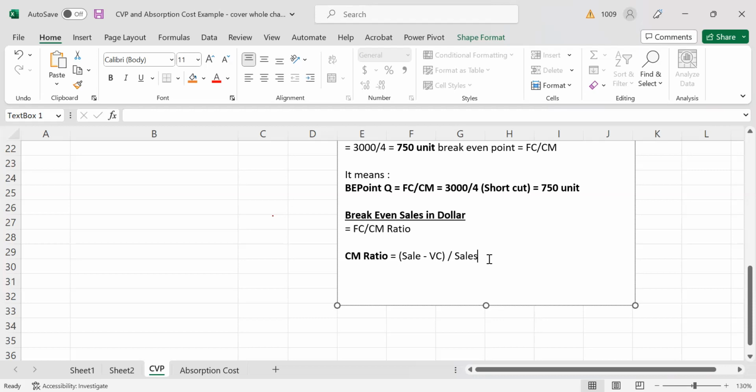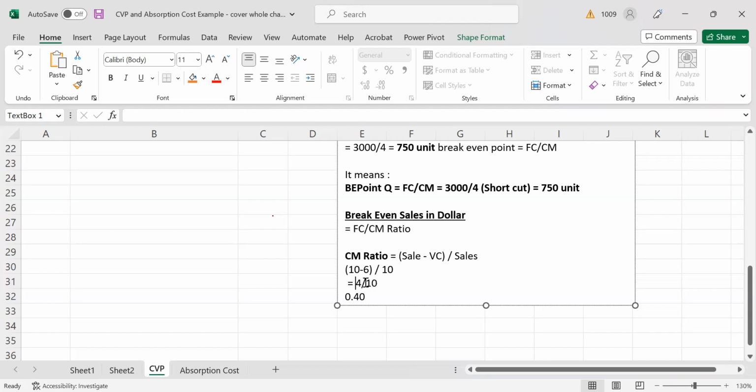What is the selling price here? The selling price is 10. So 10 minus 6 divided by 10. It means 4 divided by 10, so 0.40. This is the CM ratio that we have calculated here.